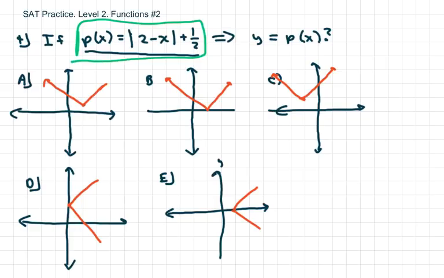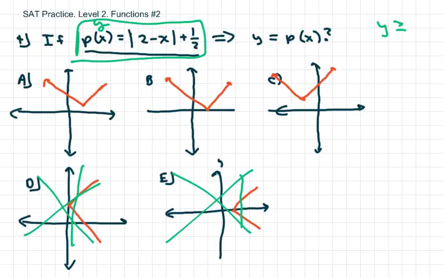And it's a function, so we know right away that these two are not functions. They don't pass the vertical line test. And we also know that the smallest that y can be, if you call this y, is 1/2. So y has to be greater than or equal to 1/2.